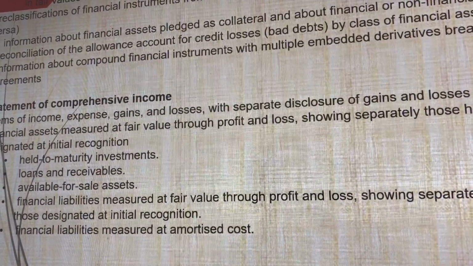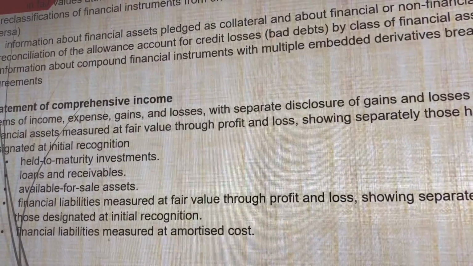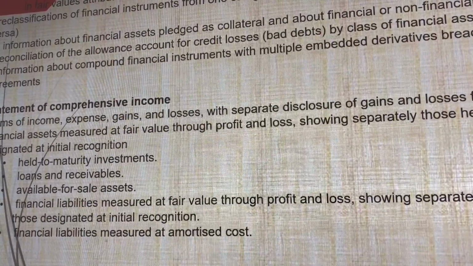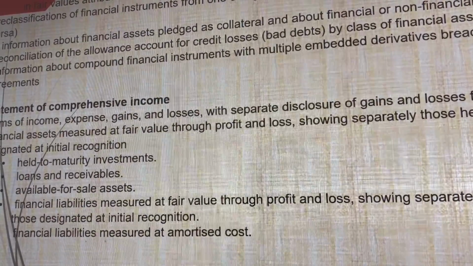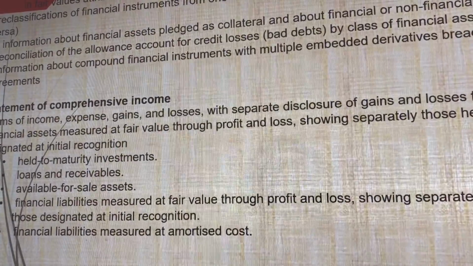We also have to disclose the financial instruments held to maturity, the loans, the receivables, available for sale, and the financial liability at fair value, as well as amortized cost.